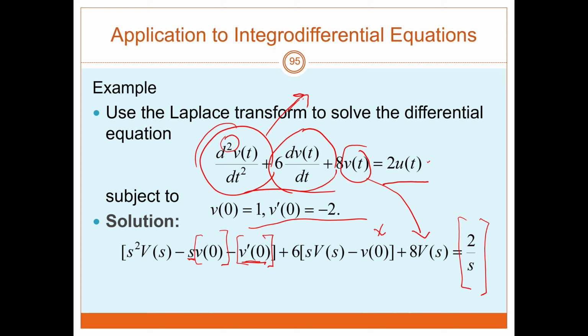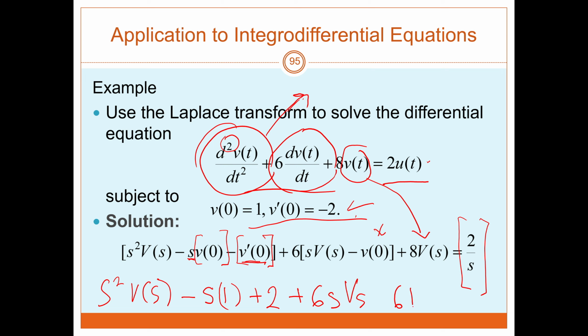So if we want to substitute this value, it will become s squared vs minus s, the initial value is 1, minus v prime 0 is minus 2, plus 6s vs minus 6, the initial condition is 1, plus 8 vs equivalent to 2 divided by s.